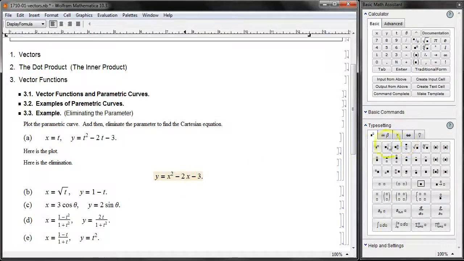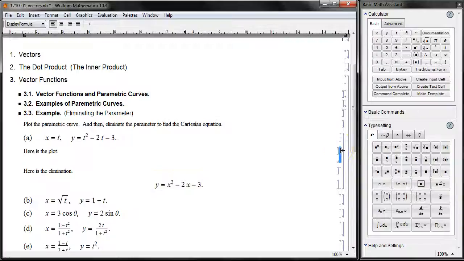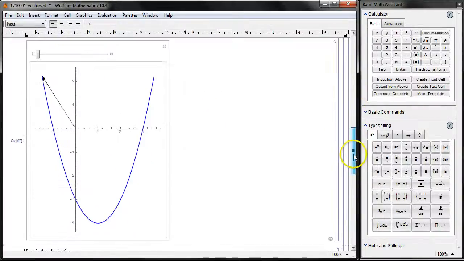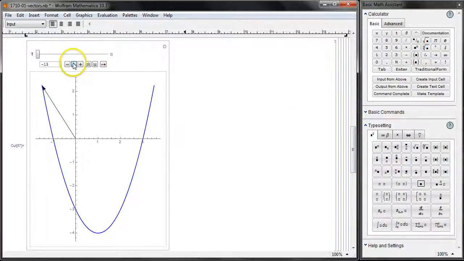That's a parabola, isn't it? Graph of a quadratic function. Yes, it's a parabola. In terms of parametric curve, however, you end up with this kind of moving arrow model.